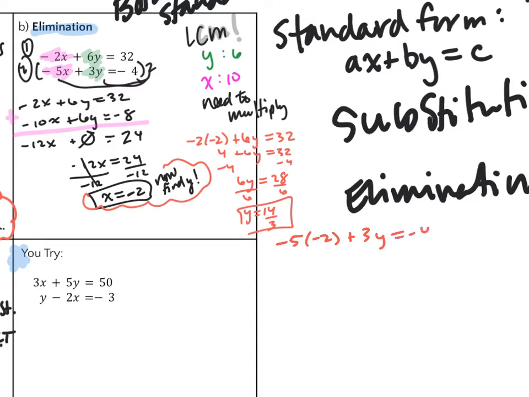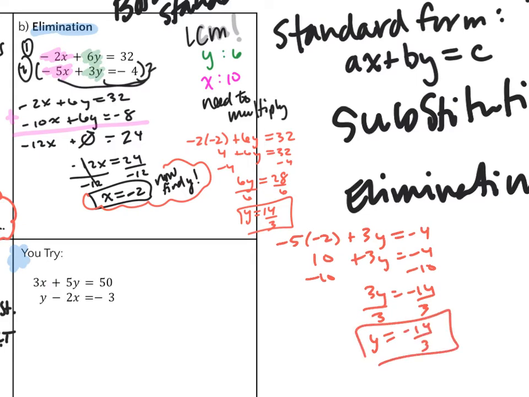Oh dear. Negative 10, because it was negative, it is positive. 3y equals negative 14 divided by 3. Nope. Oh, but a sign is wrong, though. Oh dear. Negative 2 times negative 2. Negative 8.